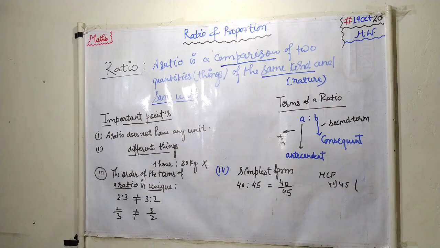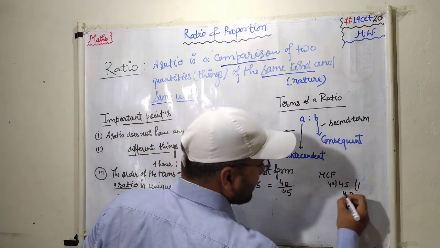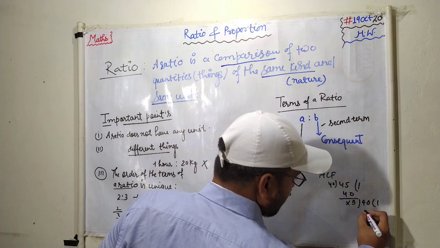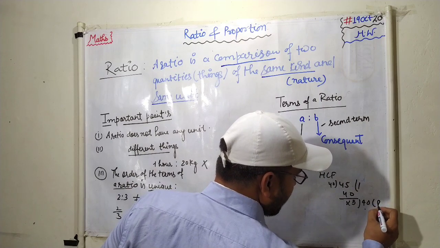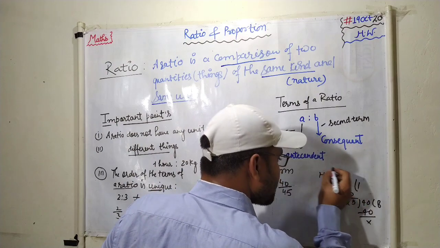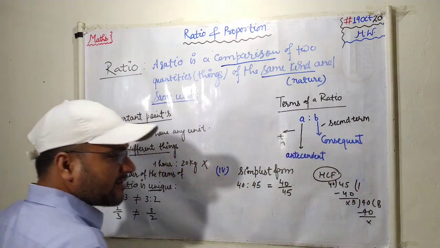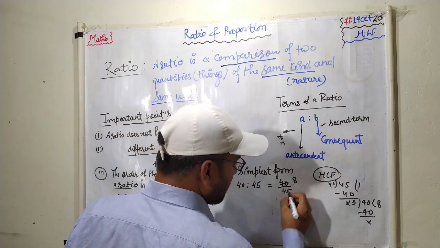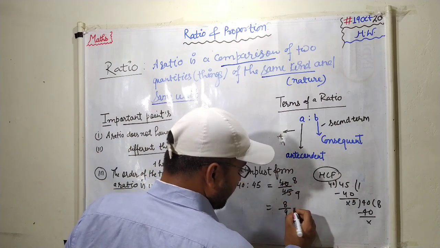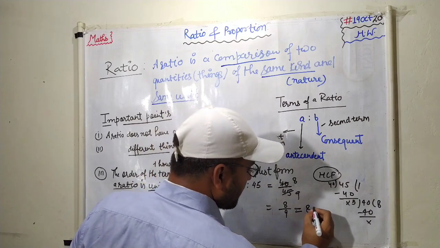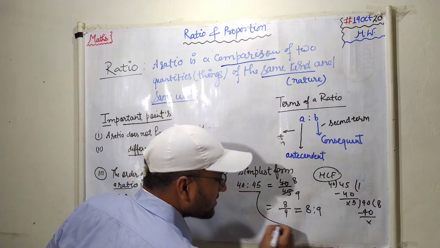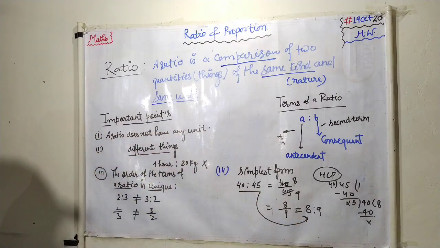Easily you will get 1 times 45 and 8 times 40. The highest common factor is 5. If you divide by 5, 5 8s are 40, 5 9s are 45, so 8 upon 9, and it is not cancelled out by any other term. This one is 8:9. So the simplest form of this ratio is 8:9, students.